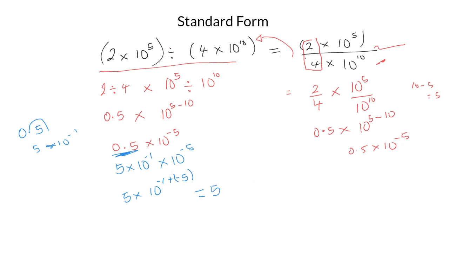This is the same thing as 5 multiplied by 10 to the power of negative 1 and negative 5. That is negative 1 plus negative 5, which will give us negative 6.